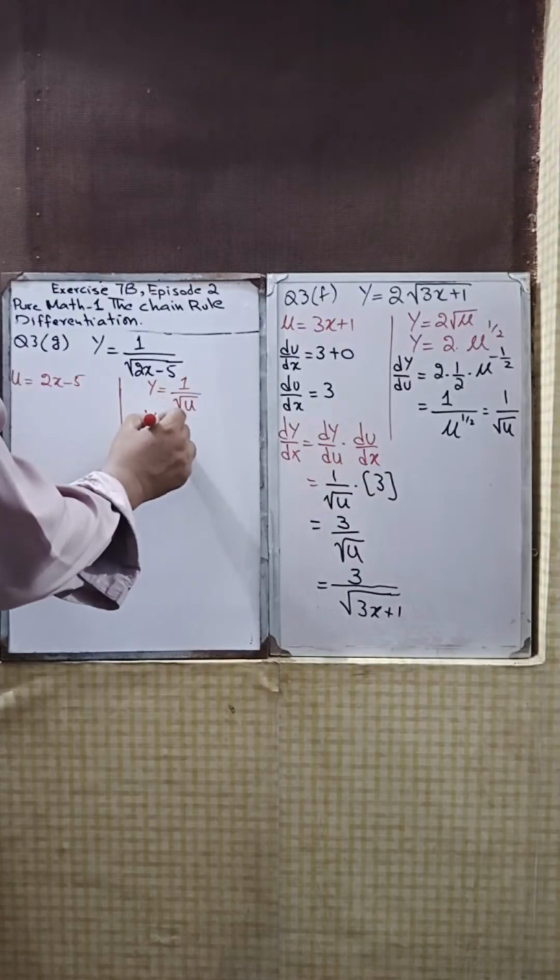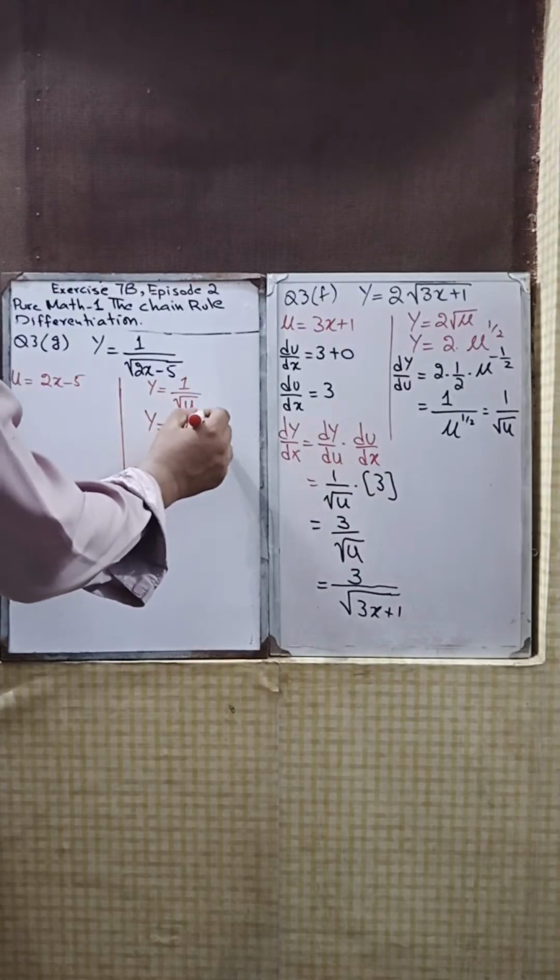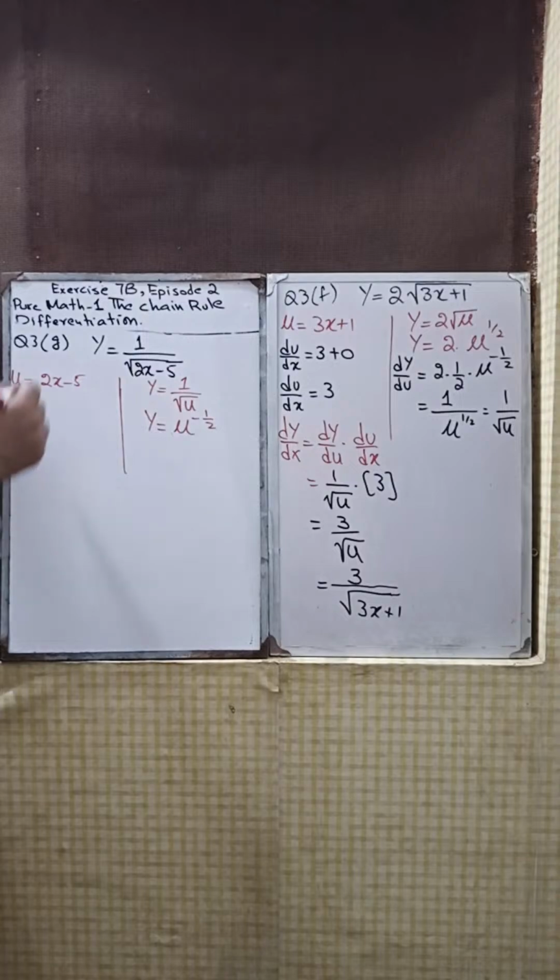So y will be equal to u raised to the power minus 1 by 2. Then we will differentiate it. du by dx will be equal to 2 minus 0, so du by dx will be equal to 2.